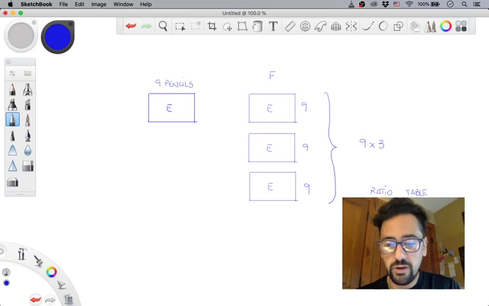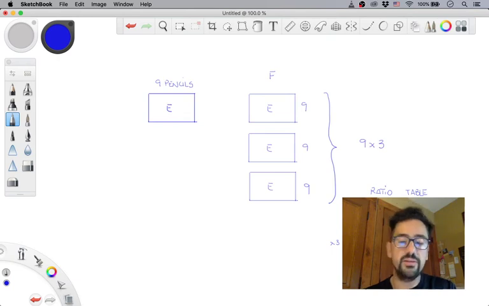So very good. But in this case, the problem is telling me that table F has 3 times as many pencils as table E. So I could say that would be times 3. And of course, this is going to be also times 3. 3 times 9, which is absolutely 27 pencils.